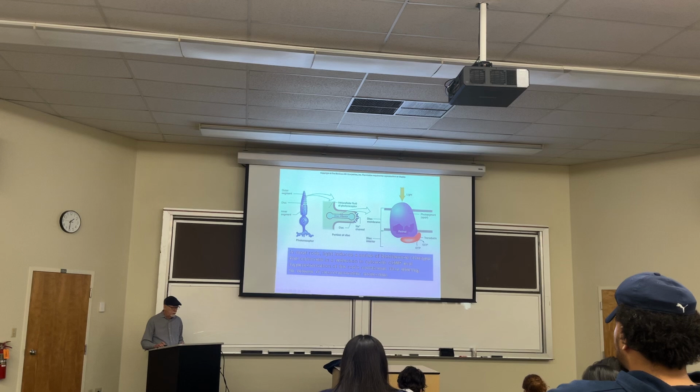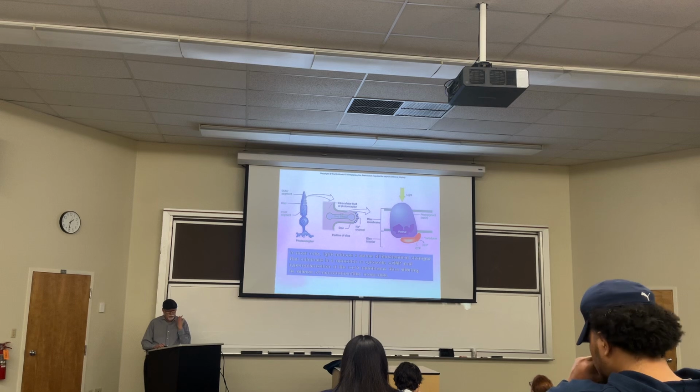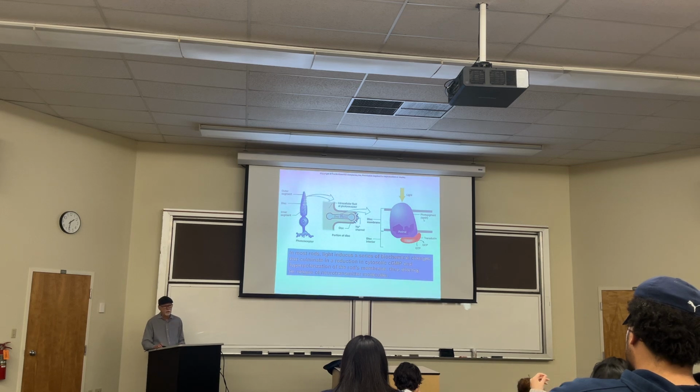And within those membranes, there are photopigments, excuse me. The whole cell is a photoreceptor. The photopigment in the rods is rhodopsin. The photopigment in the cones is also an opsin, but it's usually photopsin of 3 different varieties.